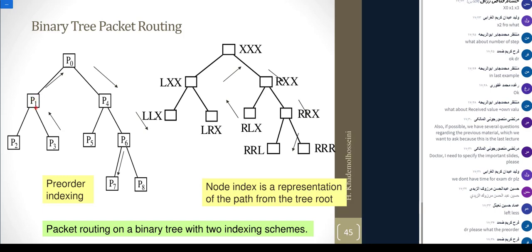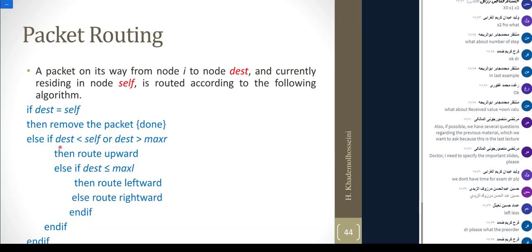Self is P1 or 1, destination is 0. Dest is less than 1, okay? 0 is smaller than 1, so we must go up. Okay? That is one condition.